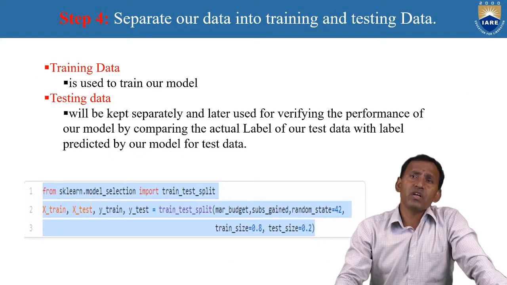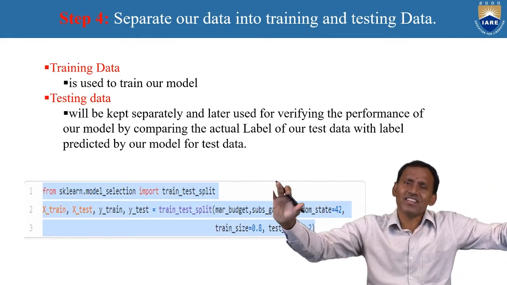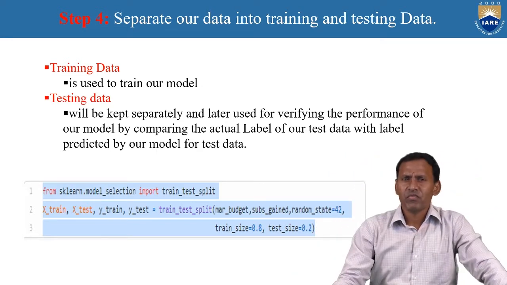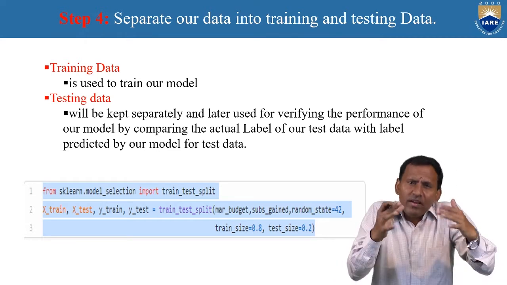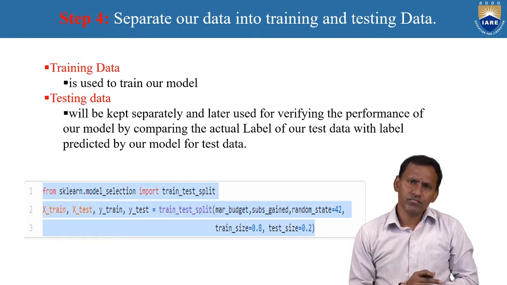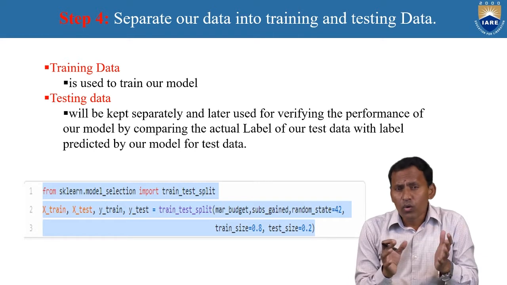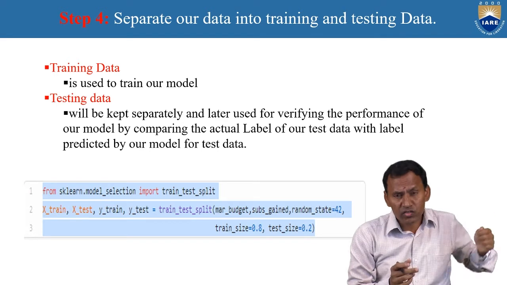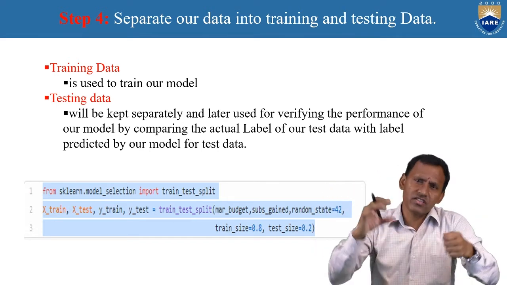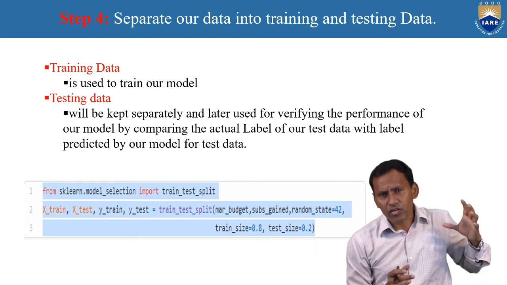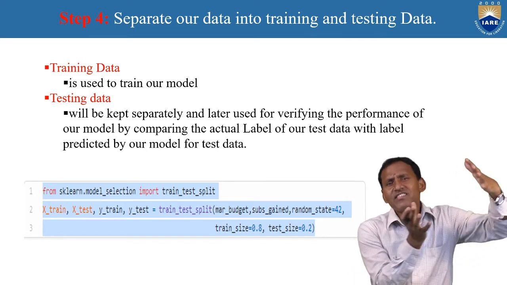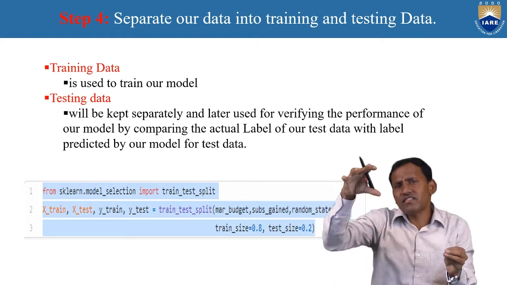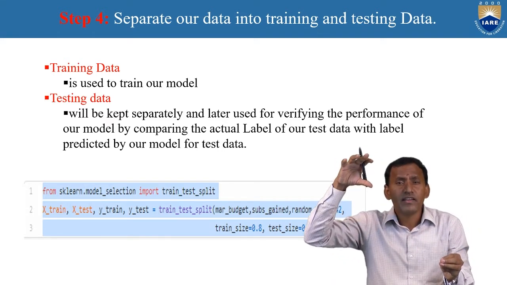After this step, we have to separate out the data we gathered. What is the meaning of separating the data? Before building a model, we have to train it and we have to test it, right? To train the model we require training data, and to test the model we require test data.